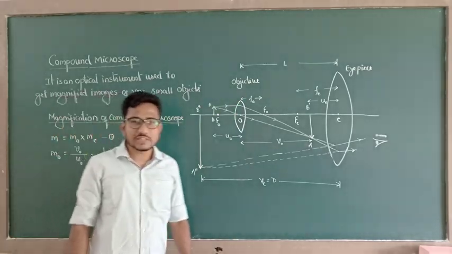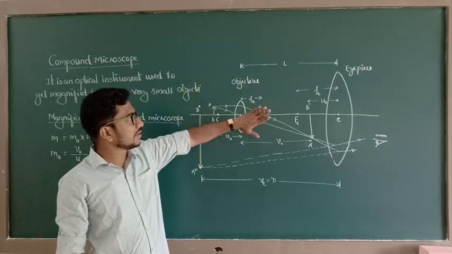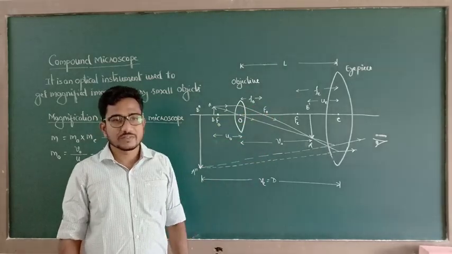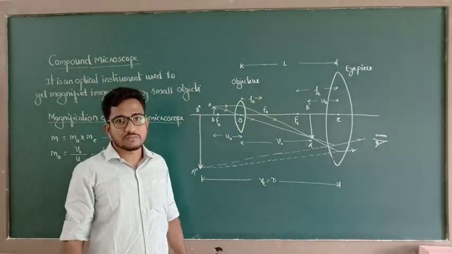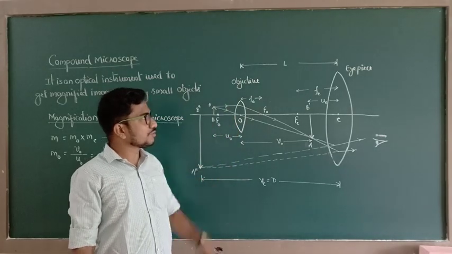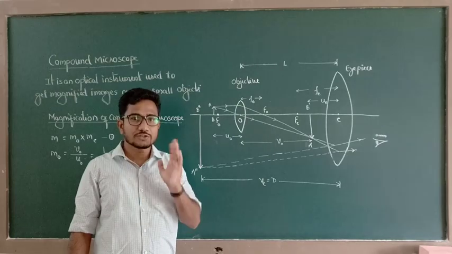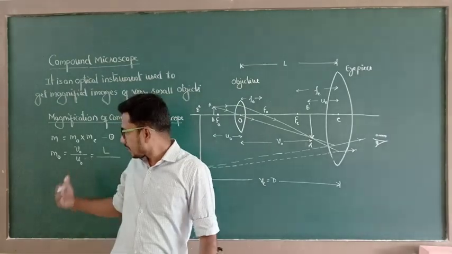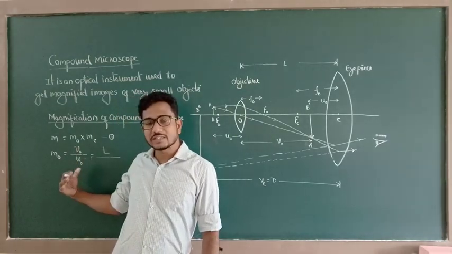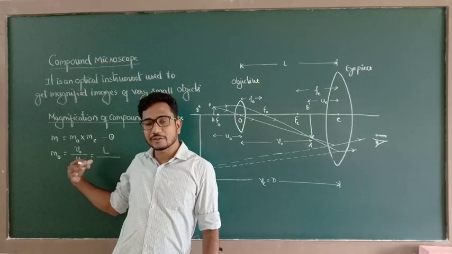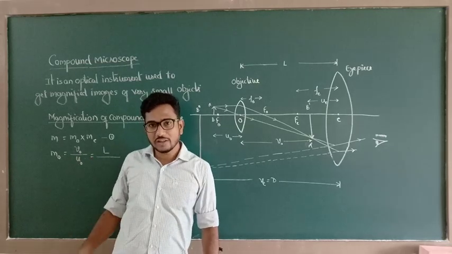In your annual examination they will give some standard values: length of the compound microscope, focal length of the objective, and focal length of the eyepiece. It helps us to solve the numericals by converting the image distance and object distance in terms of the length of the compound microscope and focal length.